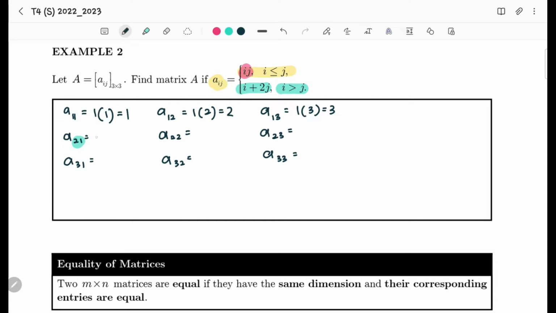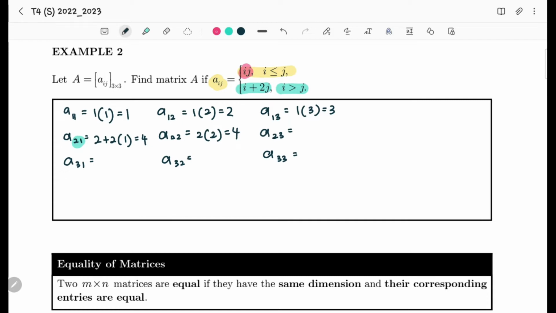Our i is 2 plus 2j, j is 1. Then we get 4. The next one, a22, so back to the first function, 2 times 2 equals 4.